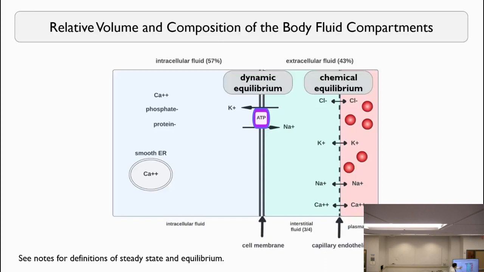Okay, what we have inside the cells? Lots of potassium. Okay, we have calcium, we have phosphate, we have proteins. Okay, we have organelles. For example, calcium, this is why I put the smooth ER. Calcium may be in the cytosol and also in the smooth endoplasmic reticulum. Okay, we have lots of calcium in the smooth ER. We need to activate the enzymes.